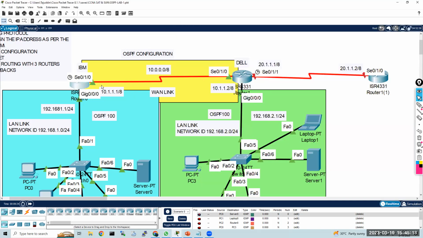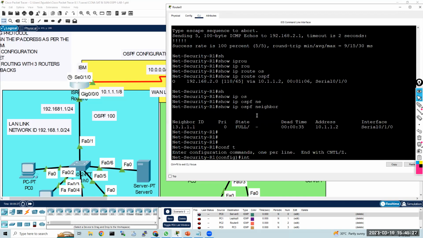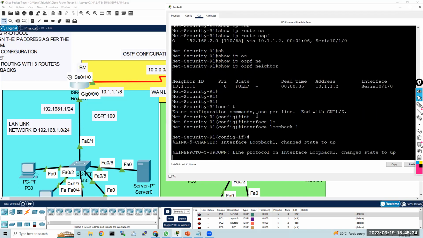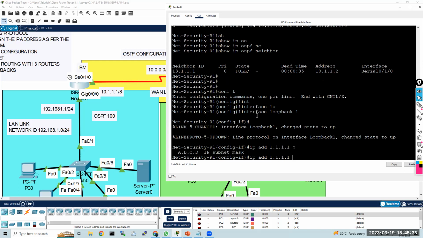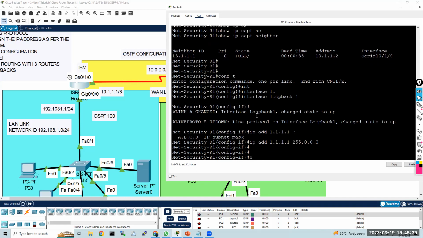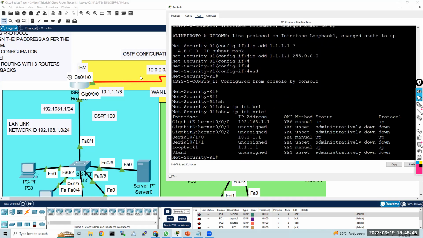Let's create one loopback here. In router 1, I will create interface loopback 1 and give an IP address of 1.1.1.1 with subnet mask 255.0.0.0. Show ip interface brief. I have created one loopback here.